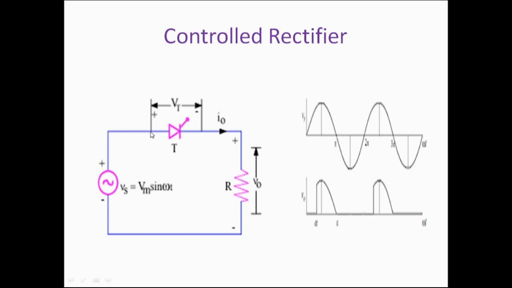Means this and this are connected by a switch, so current flows from source to load. What is the load voltage? The load voltage is the same as the source voltage because it is connected by a short circuit. So current flows from alpha to pi.